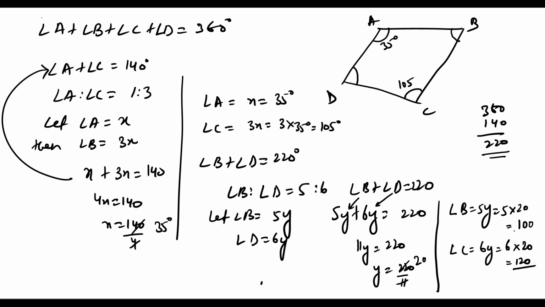Got it? So this is the way we got the values of A, B, C, D. Copy this one and do this question one more time on your own. Okay.